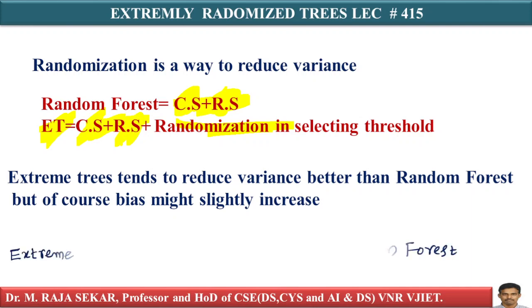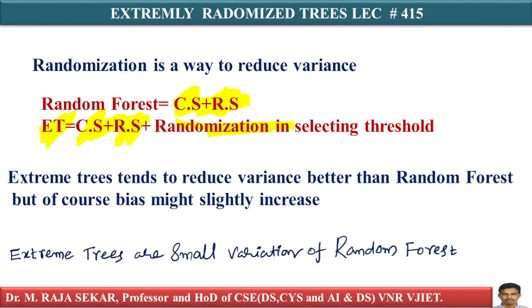Extra trees are small variations of random forest which are very useful, especially when you have real valued features, when computing the threshold. By adding one more level of randomization, you reduce variance slightly better than random forest.